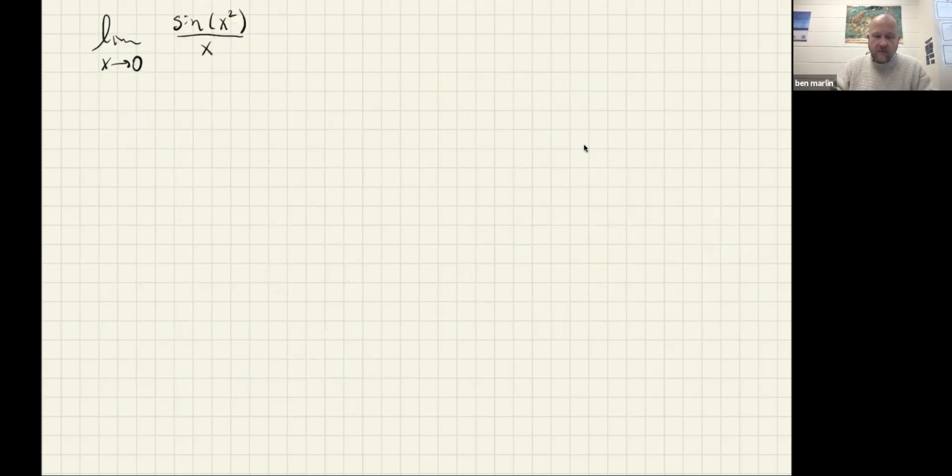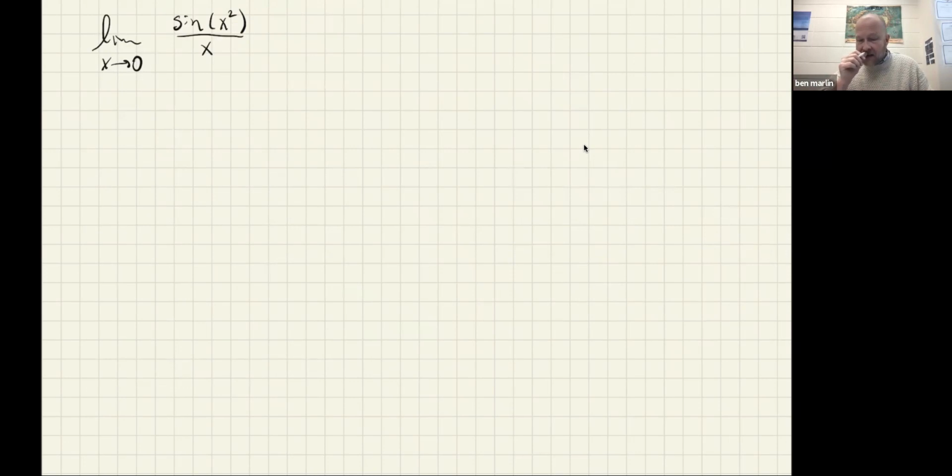Now, the next sort of thing to look at here is going to be taking a limit that's almost but not exactly the same. We're taking the limit as x goes to 0 of sine of x squared divided by x. Now, if they had both been x, or if they'd both been x squared, we could just say by the special limit, we've got the answer.